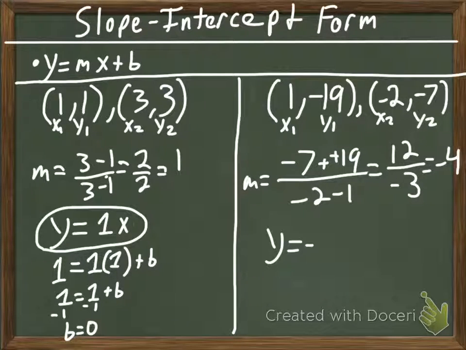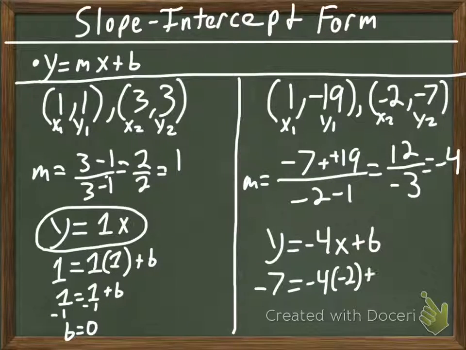So we get y equals negative 4x plus b. Now we look at our 2 points, and I really don't want to deal with a negative 19, so I'm going to pick the negative 2, negative 7 for my x and y. So we get negative 7 equals negative 4 times negative 2 plus b.